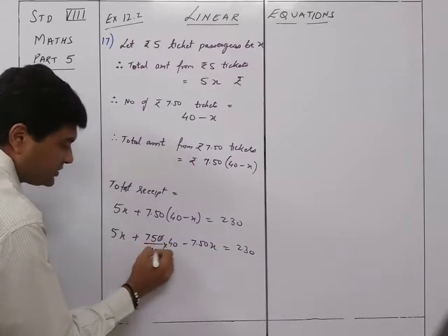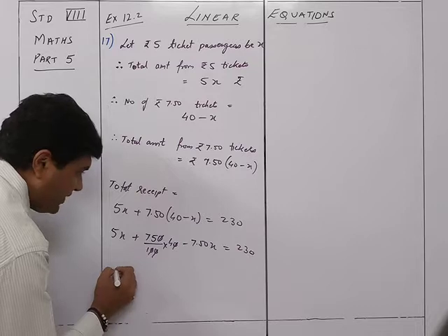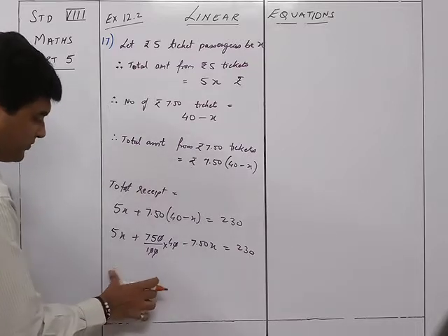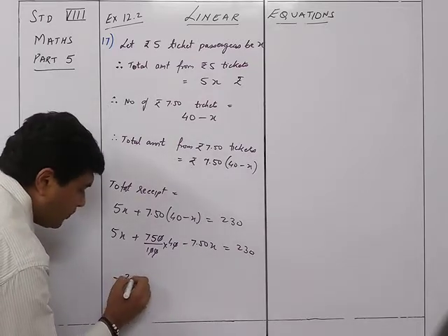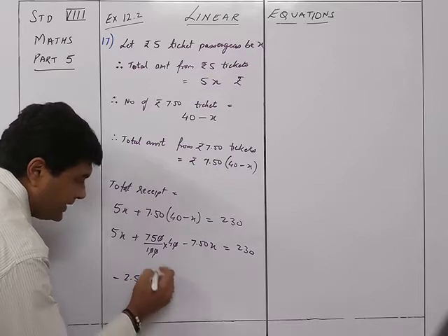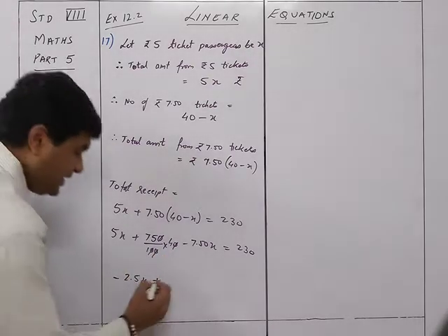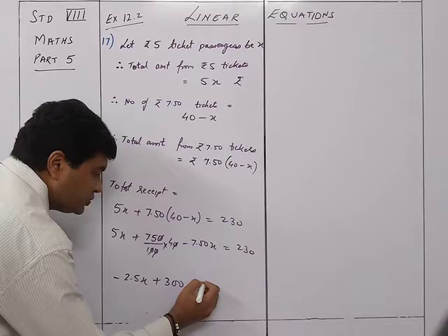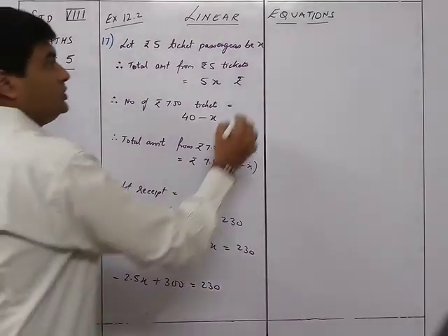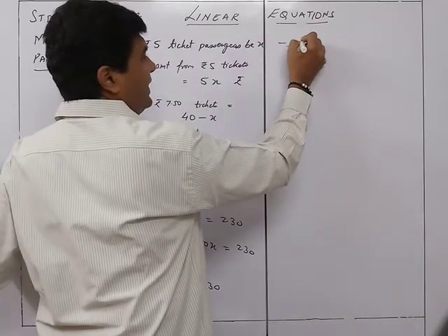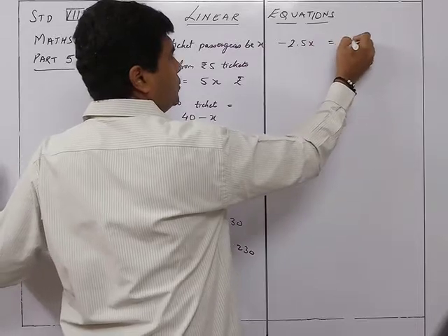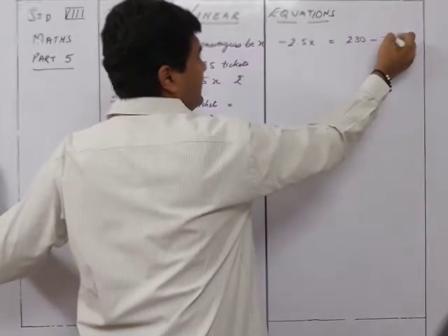So these zeros get cancelled. So we get 5x minus 2.5x. So minus 2.5x होगा. So minus 2.5x plus 75 into 4 is 300, is equals to 230. So we got minus 2.5x is equals to 230 minus 300.